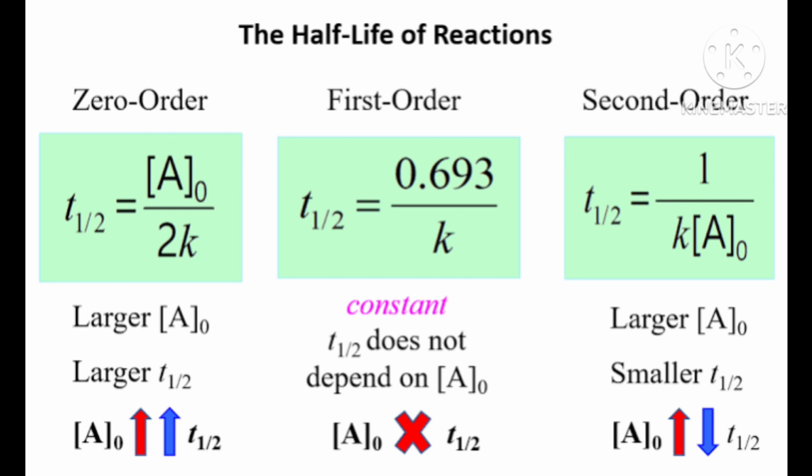That's enough. Now come to the first order. How will we calculate T half? Here again nothing you have to do, same things. You first write the expression of first order, K is equal to 2.303 divided by time T, log R0 upon R. This is the expression for first order.